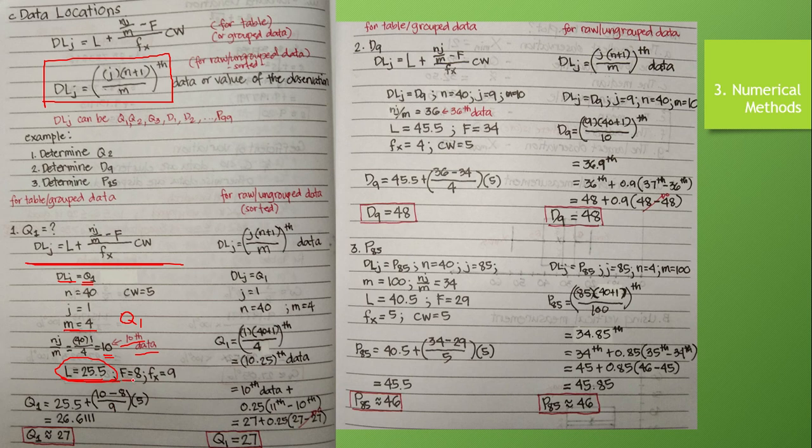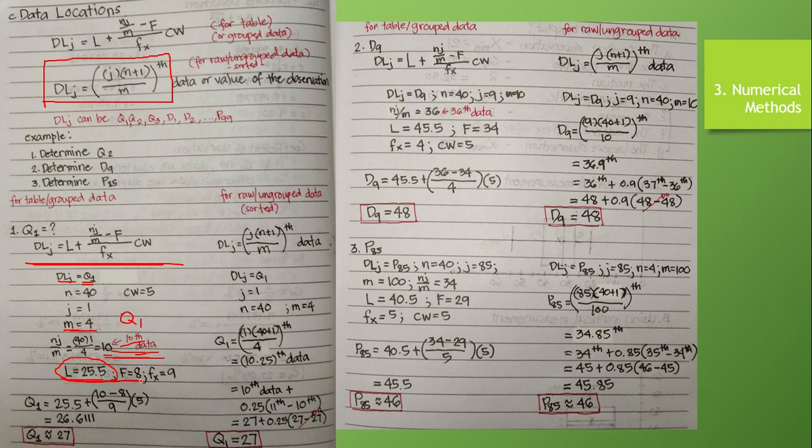Get the frequency of that class interval. Then get the frequency before the lower class, the less than cumulative frequency of the interval before the interval where the 10th data is located.